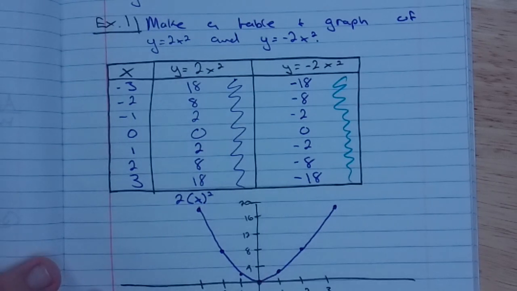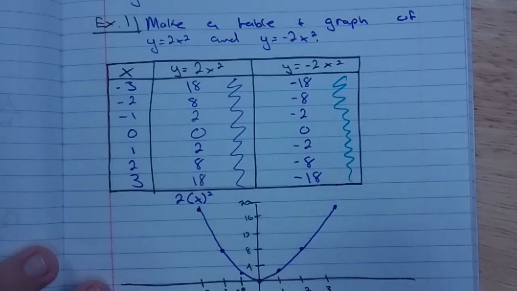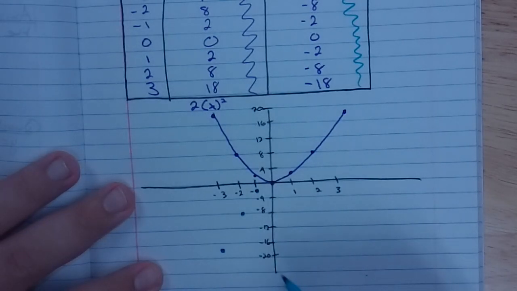Same thing for the other side, except everything's negative. 1 is -2. -2 is -8. And -3 is -18. Where'd you get those lines?